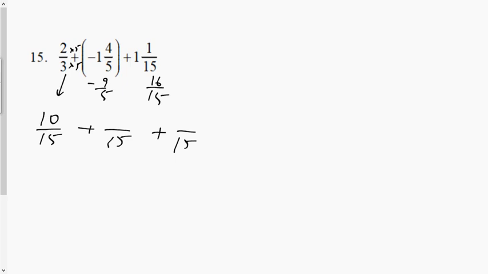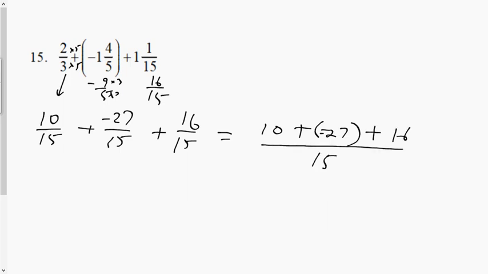I'm going to have times 3, times 3, negative 27/15 as an equivalent fraction, and this isn't going to change. And this is the step that most of you forgot. Add your numerators, keep your denominator. These two are going to be a positive 26. This is a negative 27. So when you add them all up, you end up with negative 1/15.